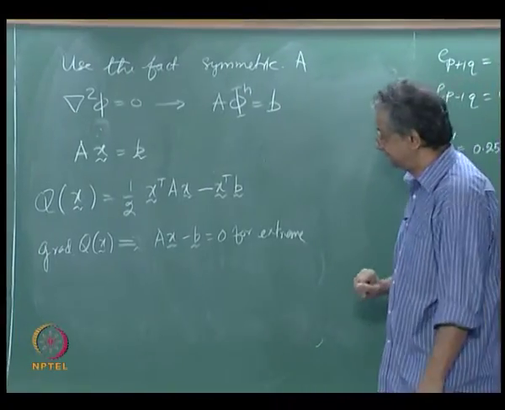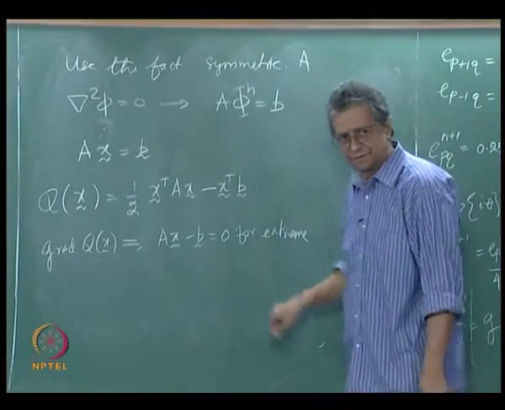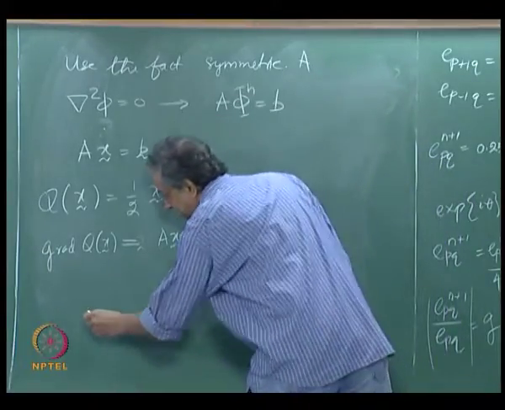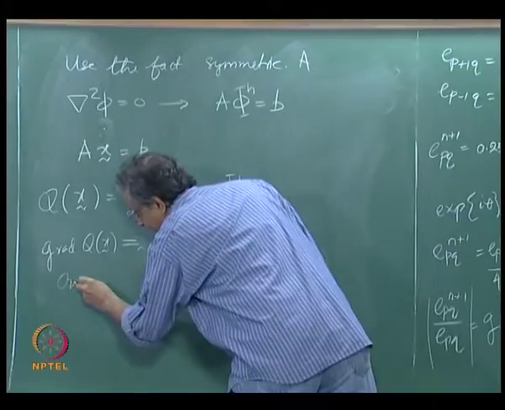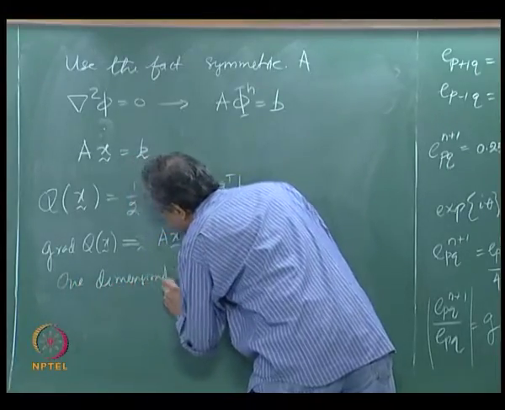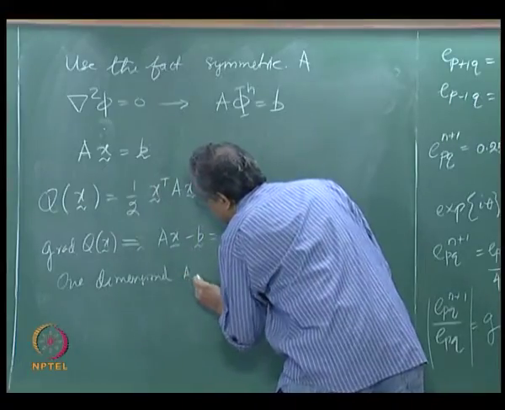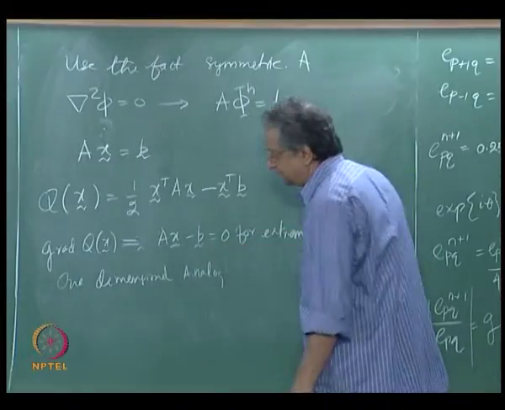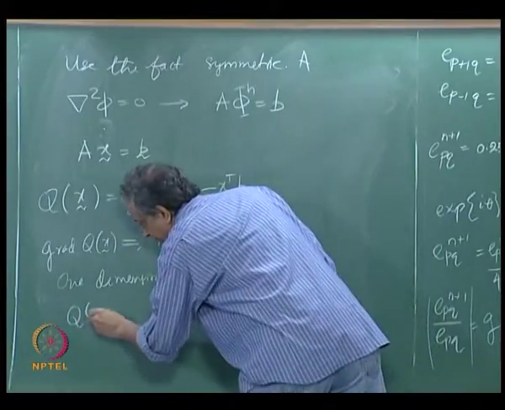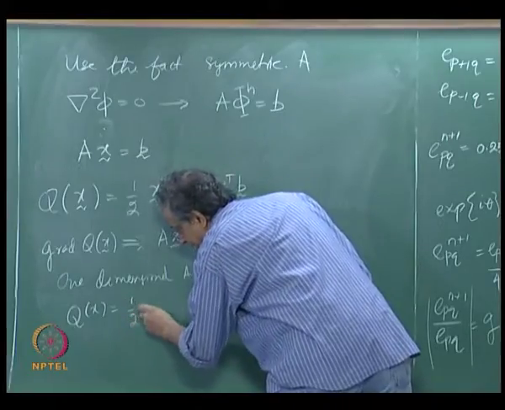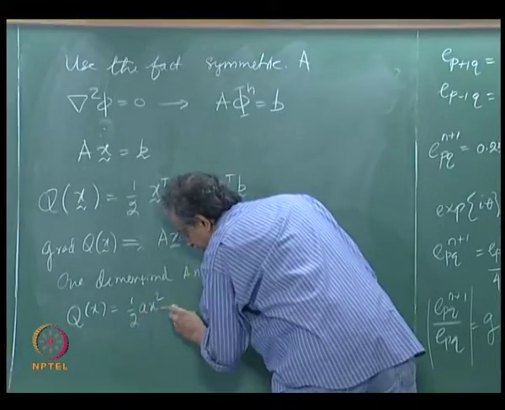Okay, I think I had a sign error there earlier. So the one dimensional analog, if I just consider one coordinate, q of x equals 1/2 a x squared minus b x.